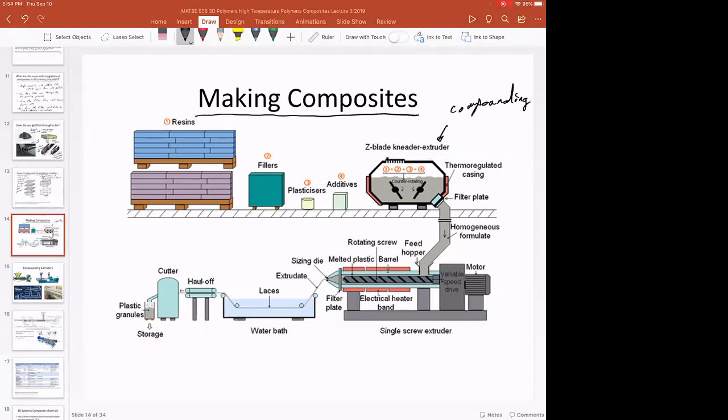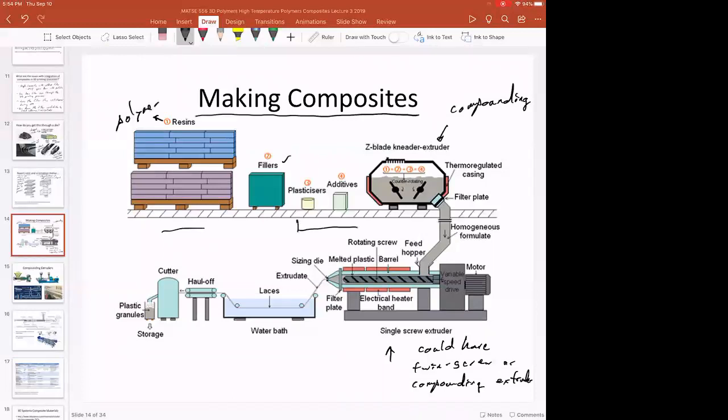And that's done in something called a, well, here it's a single screw extruder, but you could have a twin screw or compounding extruder. So you buy a polymer, and of course resin means polymer. You buy a filler, and you might put some other stuff in there like processing aids or plasticizers or additives.